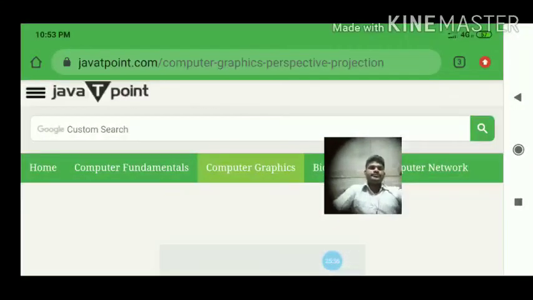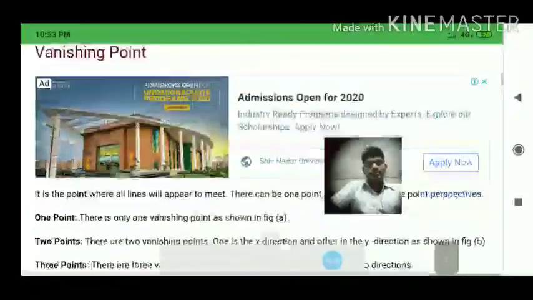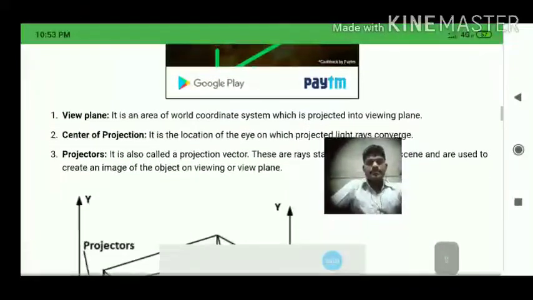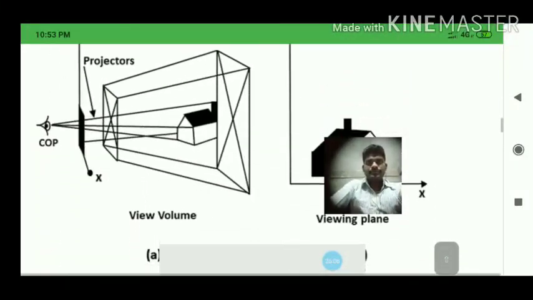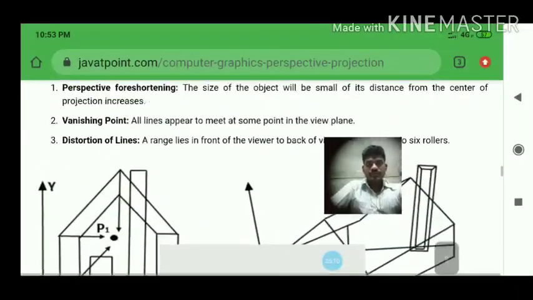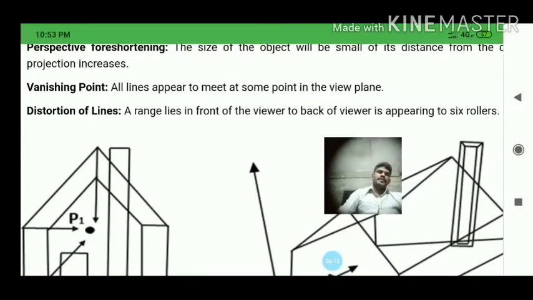Look at here. Vanishing point: all lines appear to meet at some point in the view plane.